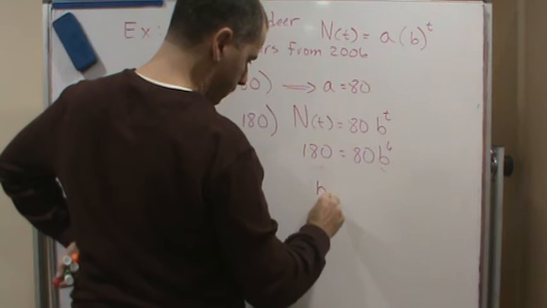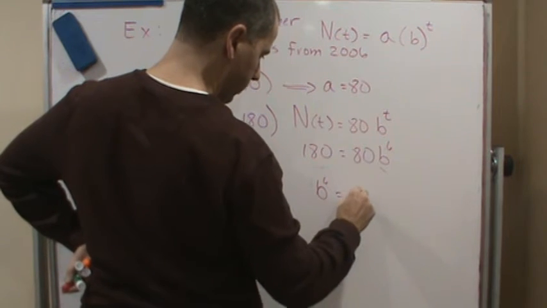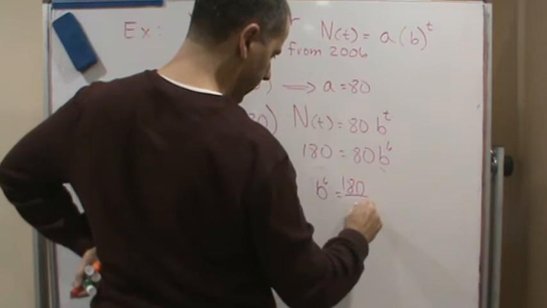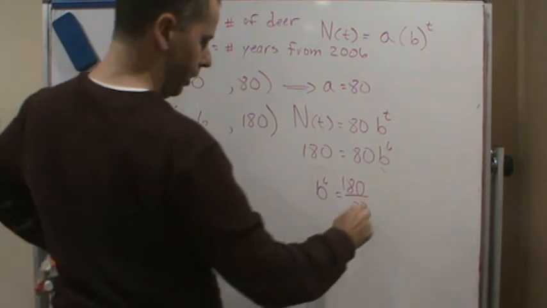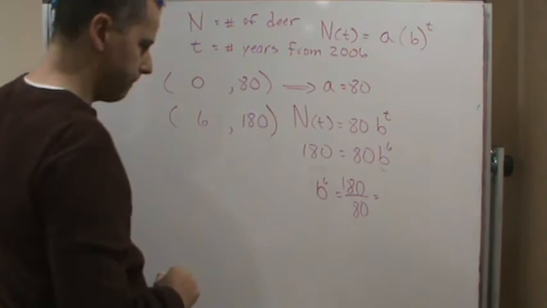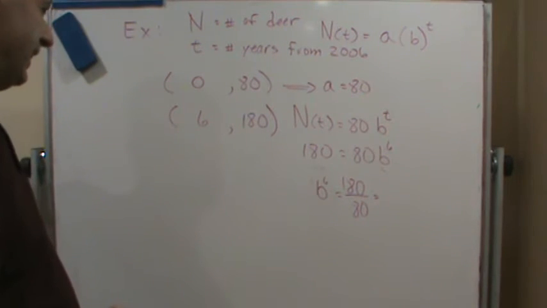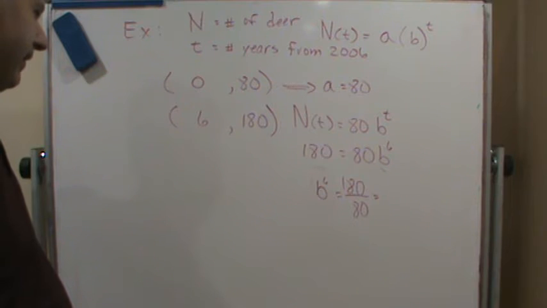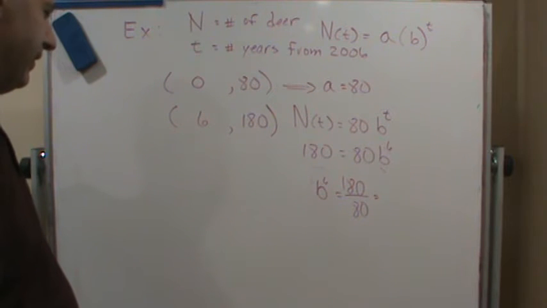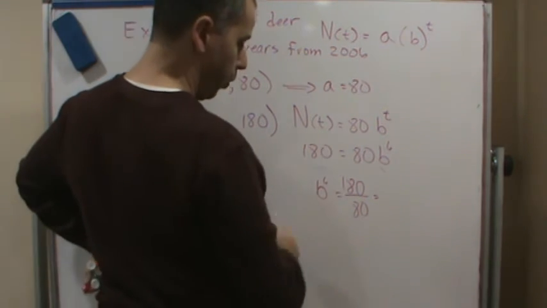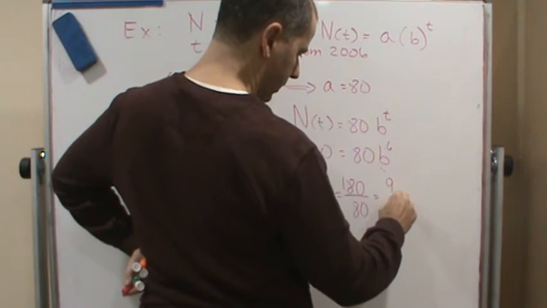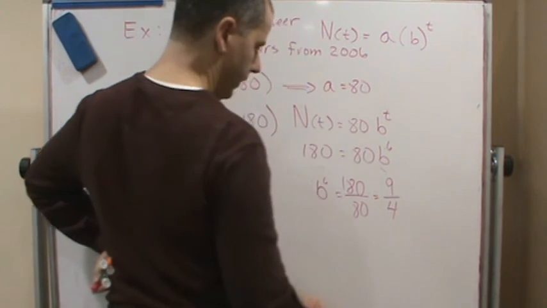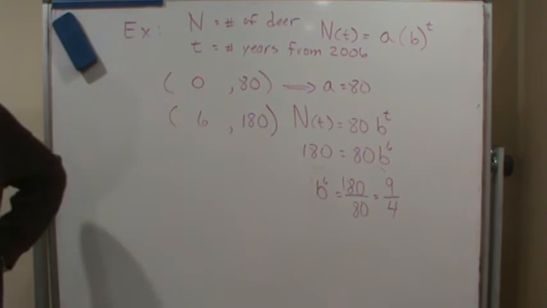So we get b to the 6th power equals 180 over 80, which is going to equal, let's see here. Both of these are divisible by 20. So if we divide both by 20, we get 9/4.